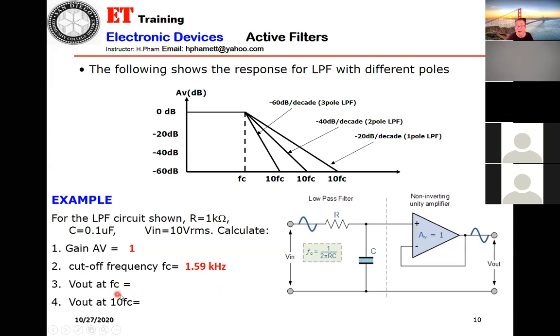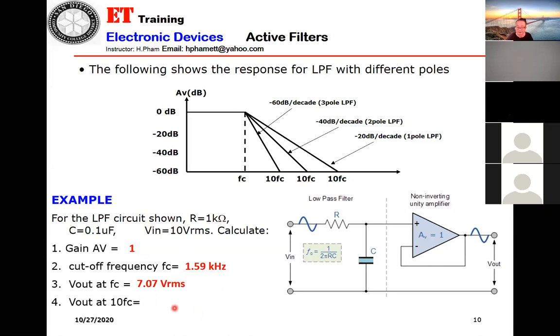V out at cutoff will be minus 3 dB, and 3 dB means 0.707. So the voltage will be 10 volts input going down to 0.707 of 10. Right, that I get. Now what about the next one?